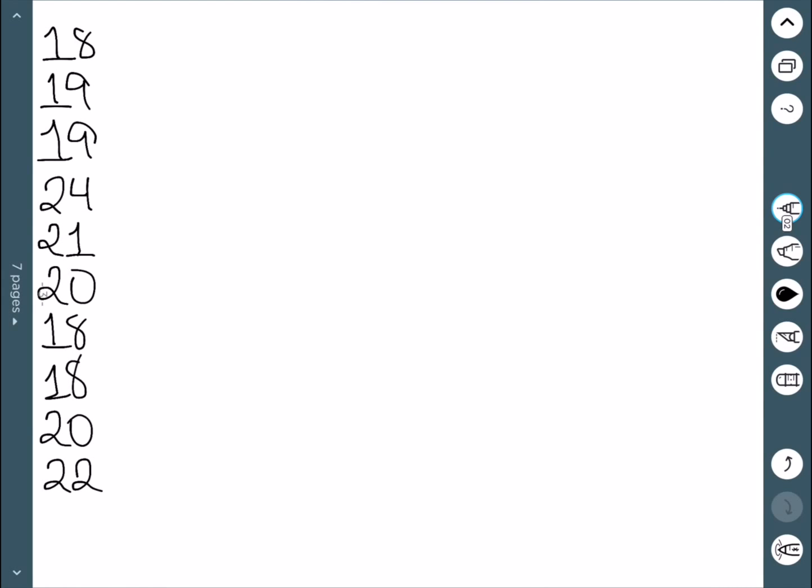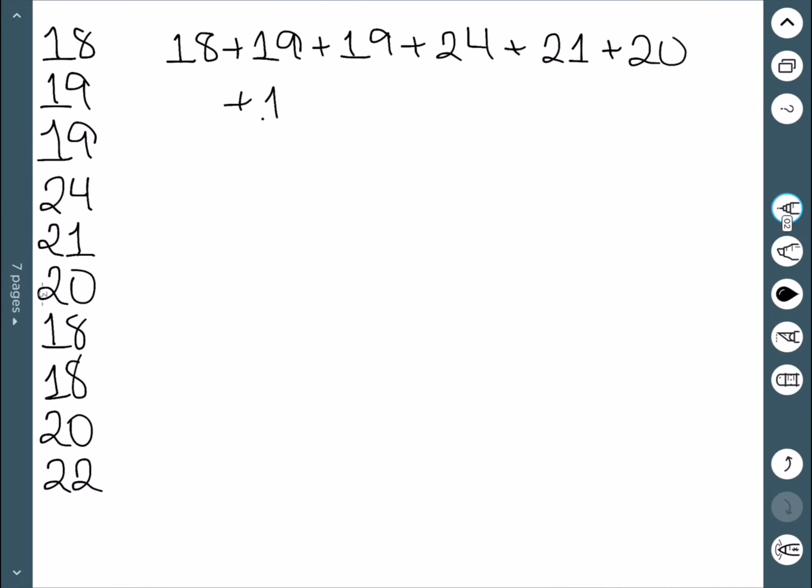Here is our first example. Here we looked at a classroom of students and asked them their age. So we have our list of data values. To find the mean, the first step is to add all of these numbers up. 18 plus 19 plus 19 plus 24 plus 21 plus 20 plus 18 plus 18 plus 20 plus 22. When we add these all up, we get 199.